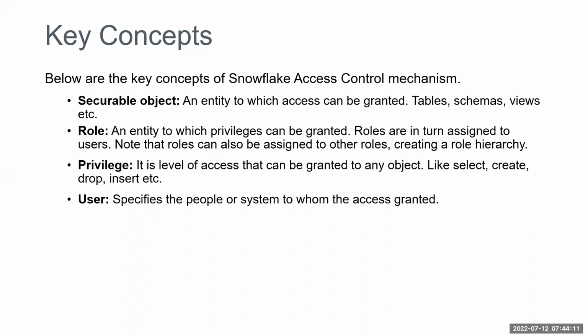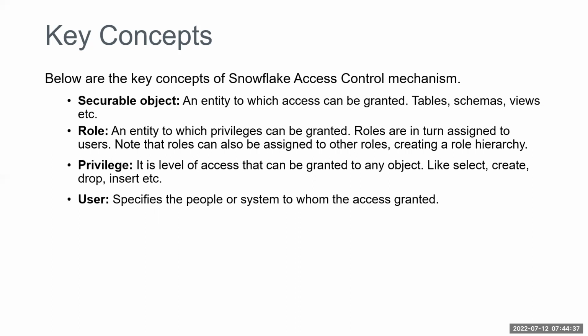These are the main objects to which we will be providing privileges to the roles or users. The second thing is role. A role is nothing but an entity to which privileges can be granted. So instead of granting the privileges to the users directly, we can define some roles, give privileges to those roles, and then in turn assign users to that role.